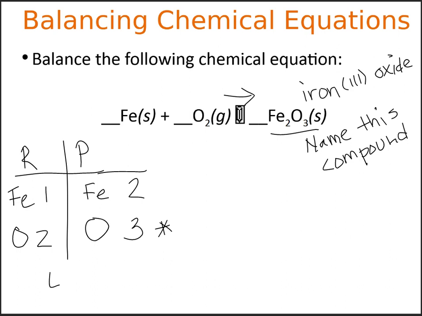Our lowest common denominator is again going to be 6 for 3 and 2. So on the product side, we're going to multiply everything by 2. And on the reactant side, for the oxygen, we're going to multiply that oxygen gas by 3.